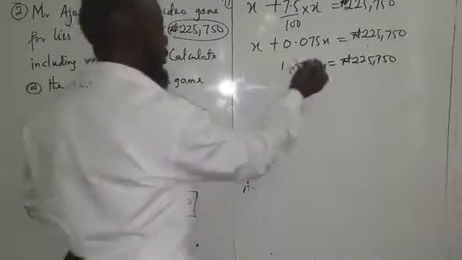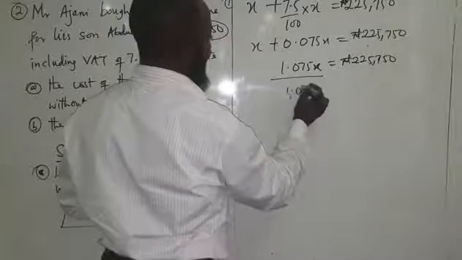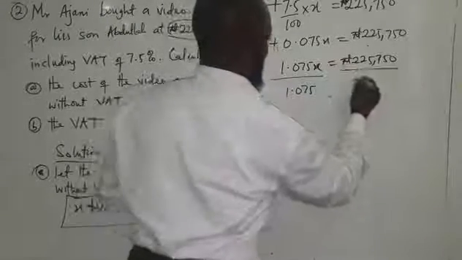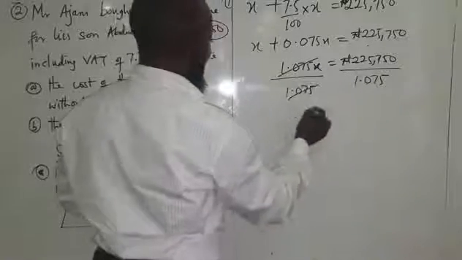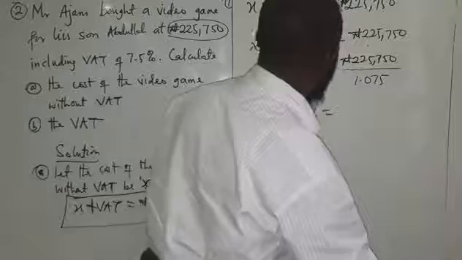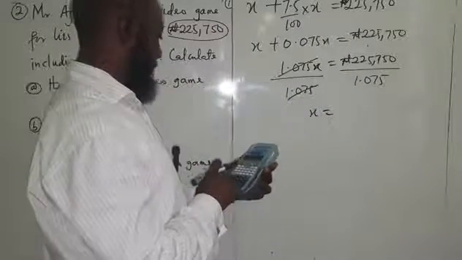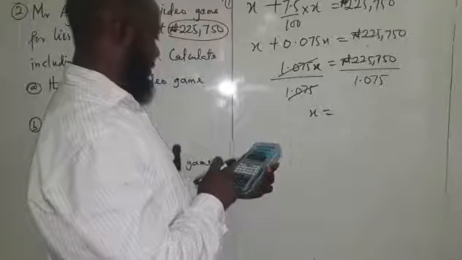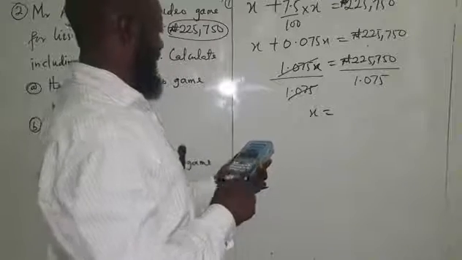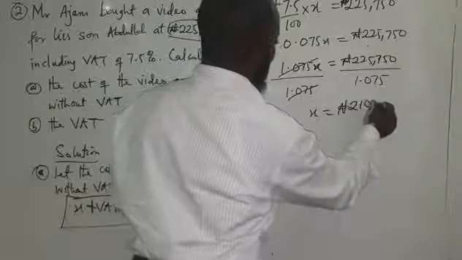So it is x that we're looking for here. Divide both sides by 1.075. So this cancels this. Then our x will be 225,750 divided by 1.075, and that gives us 210 thousand naira.